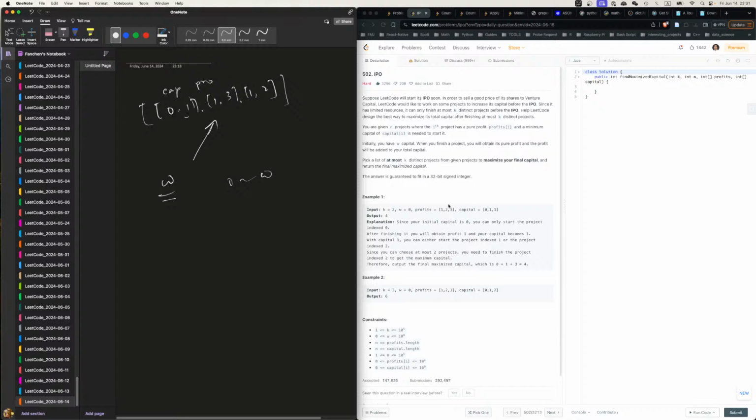It's always from the lowest capital, right? You sort your capital from smaller to large, and you have your profits. And all I want to know is, given the range, what is the maximum in this?